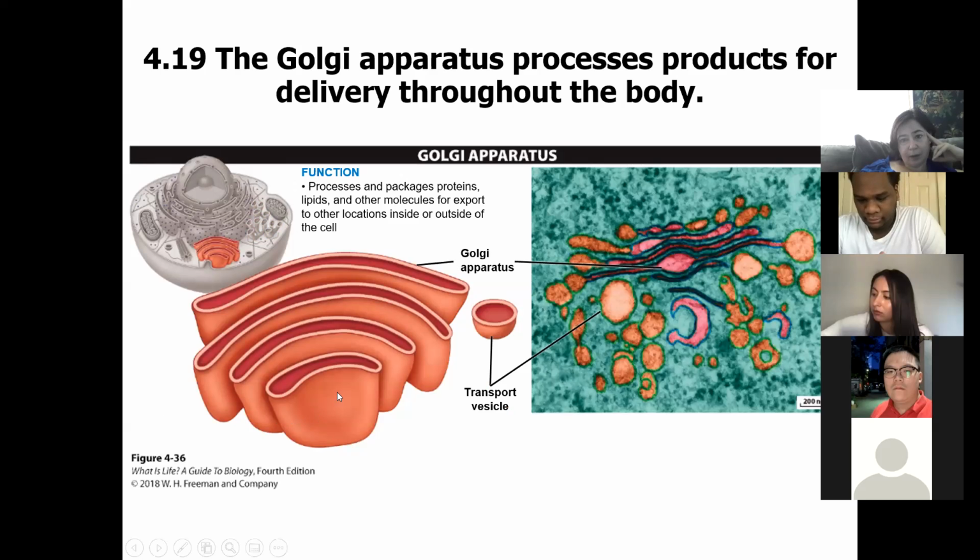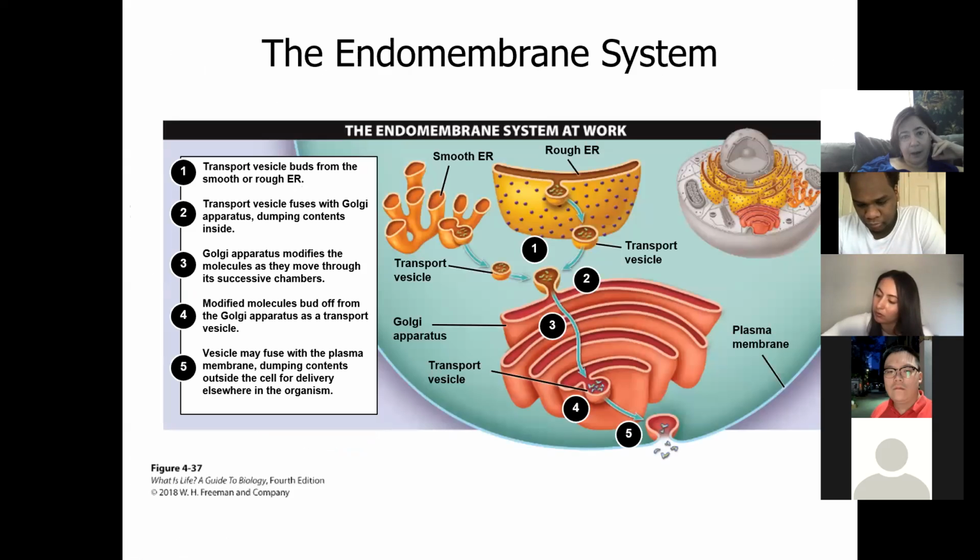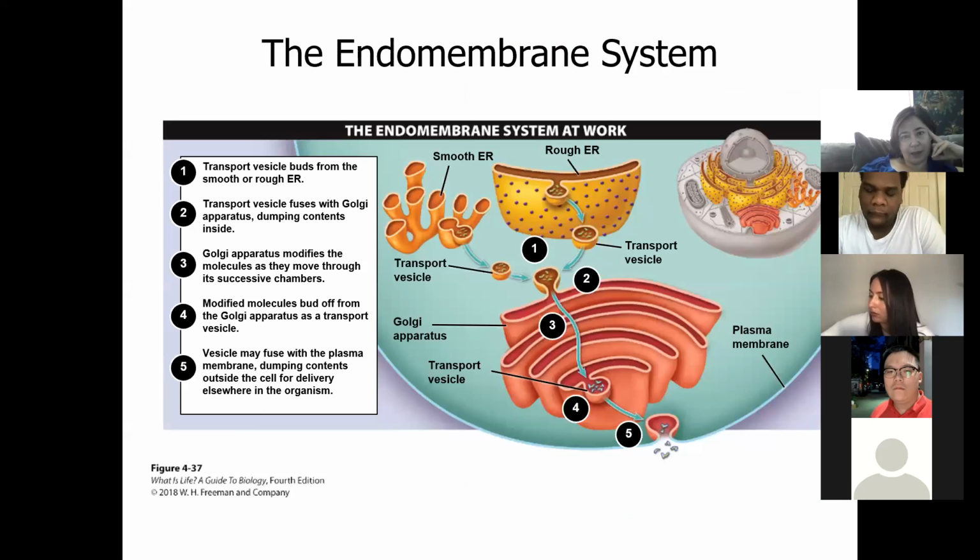Golgi apparatus is the organelle that picks up newly made proteins, processes them, packs them, and ships them, either inside the cell or outside the cell. You see, a few slides left. The endomembrane system is present in eukaryotic cells only, right? Endomembrane system organelles can produce what are called vesicles, the bubbles.